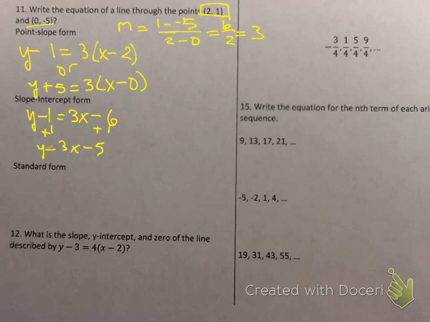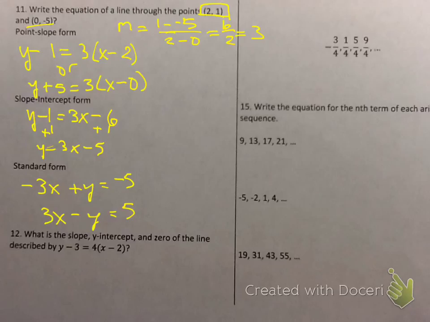Then, standard form would say I need to move the 3x over, so that's negative 3x plus y equals negative 5. And then when you change the sign, you get positive 3x minus y is equal to positive 5. There you go. That's all the different forms.